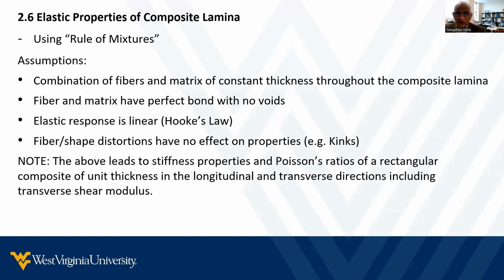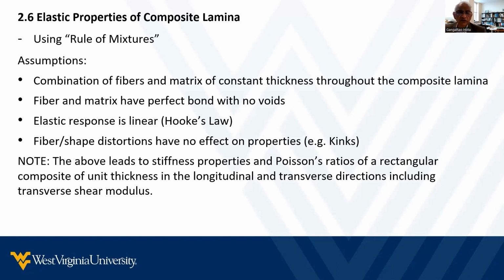Fiber and shape distortions during manufacturing, during placement of the fibers, we are assuming they have no effect, even though that's not 100% true. I already told you there will be certain formations of kinks, and that could affect the local stress concentration effects, also the fatigue effects.